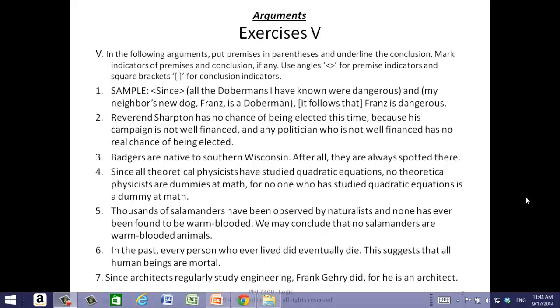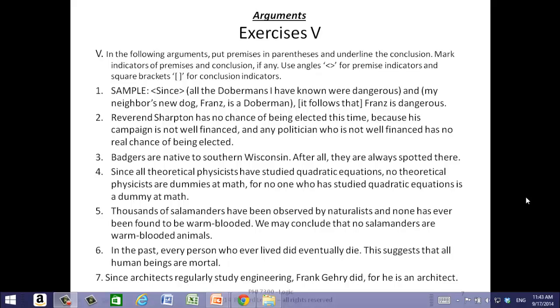They're asking us to put parentheses around premises, and then also, if we find premise indicators and conclusion indicators, put angle brackets for premise indicators and square brackets for conclusion indicators.